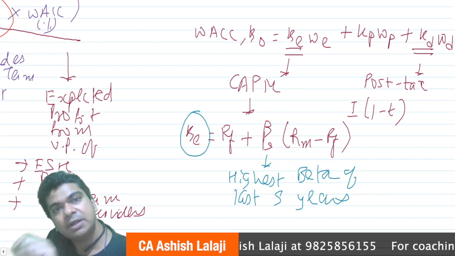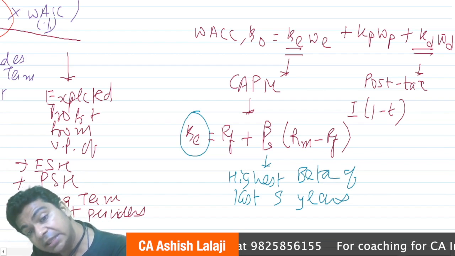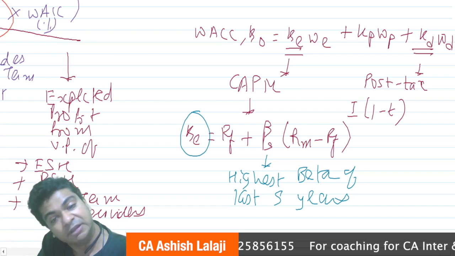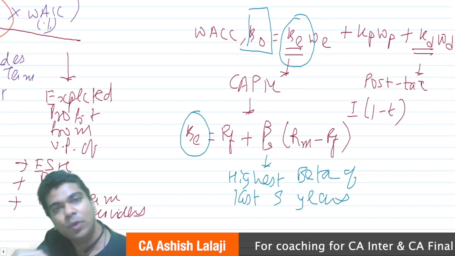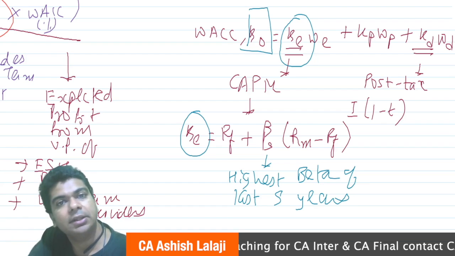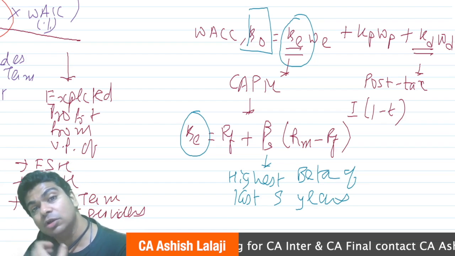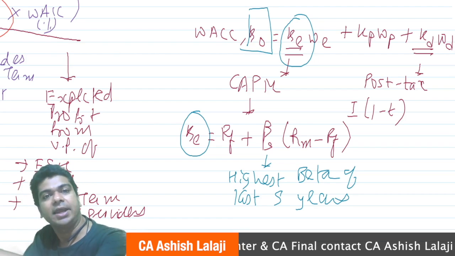So this will give us the maximum possible cost of equity for the last 5 years. And the moment you apply that cost of equity over here, you will get the maximum possible WACC. As the WACC rises, automatically the investors' expectations will also rise, so we will expect profit on a higher side.